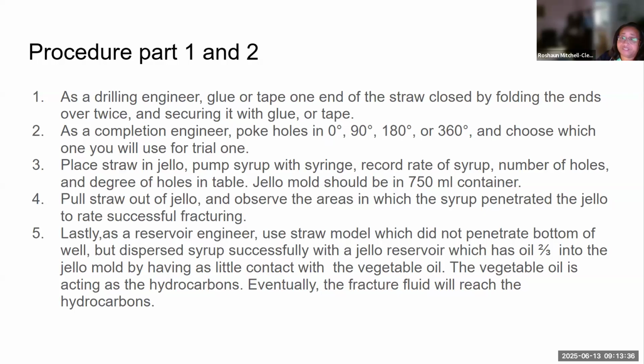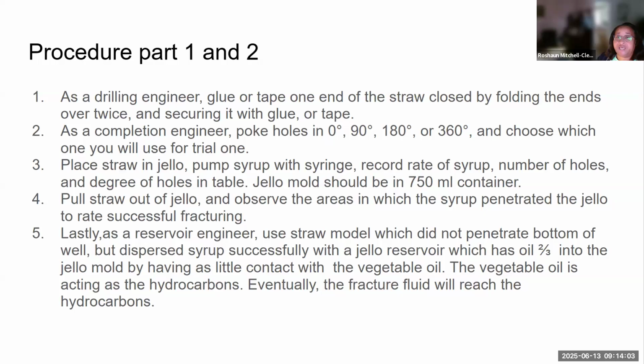The next step, you would place the straw in the jello, then you pump the syrup with the syringe, and you record the rate of syrup, the number of holes, and the degree of holes in the table.